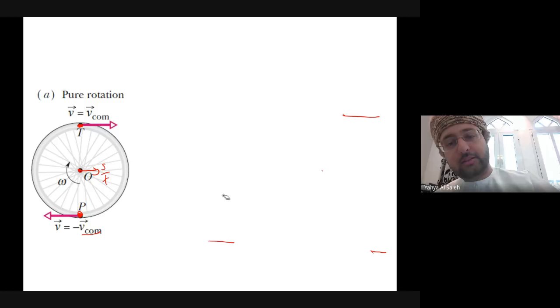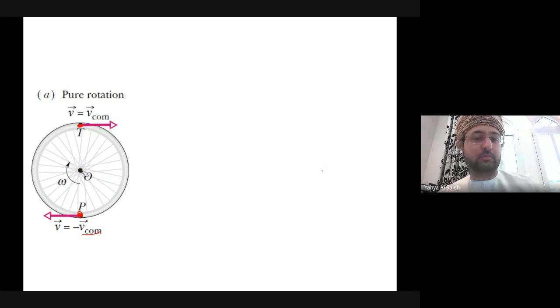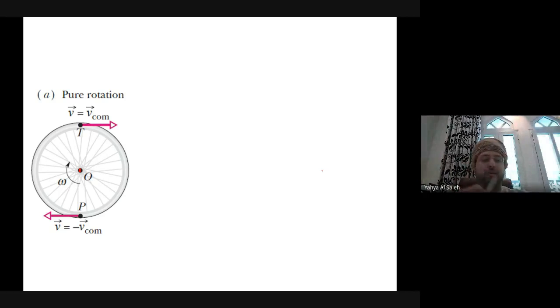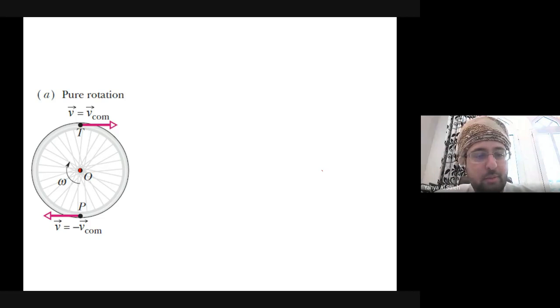Let's take a look at something that is only rotating, nothing else. Okay. What is the velocity at each point? Well, the center is not moving at all because it's only rotating in place, not going anywhere. So velocity at the center is equal to 0.